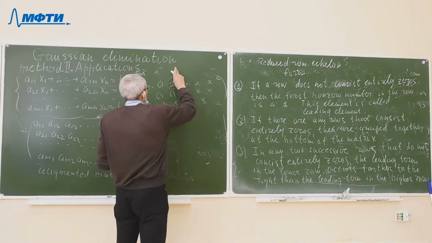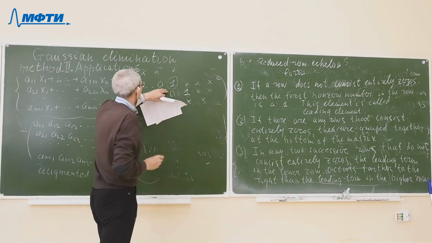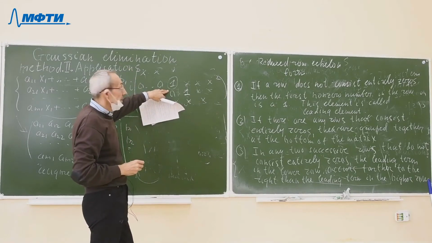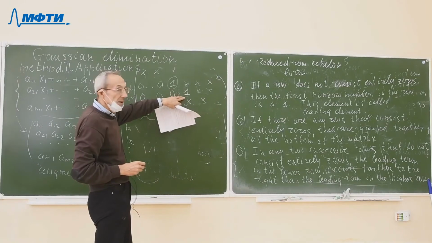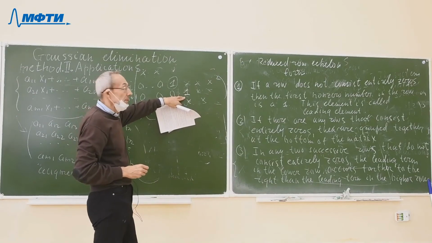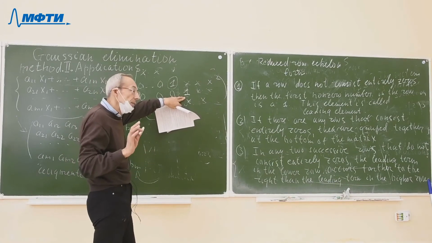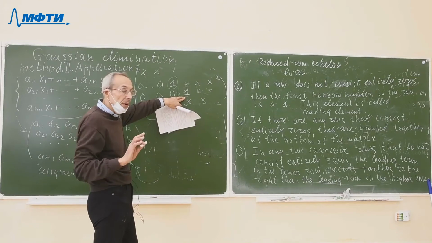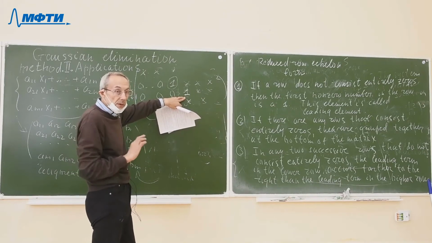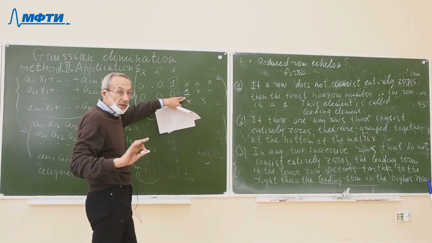If this element is in place number j, the other element has place number j plus, not exactly 1, maybe 2, 3, only farther right.